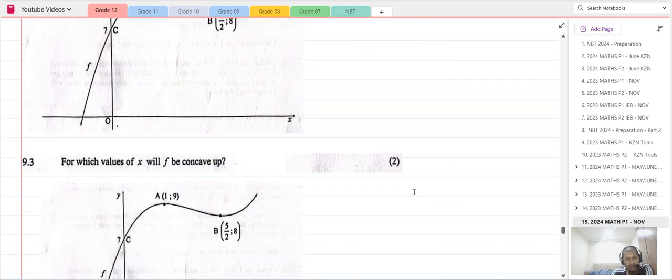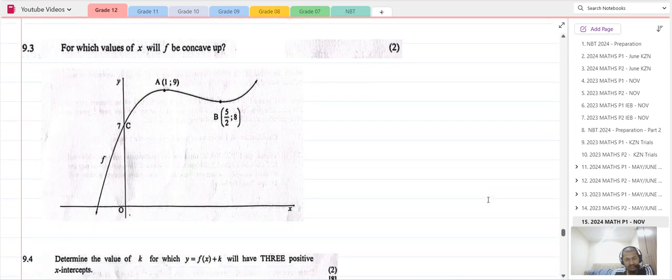For what values of x will f be concave up? Concave up, remember, the inflection point is between the turning points. And how do you get this inflection point? The x value of the inflection point is equal to adding the two x values and dividing by 2. So 1 plus 2.5 divided by 2, which is 3.5 divided by 2.